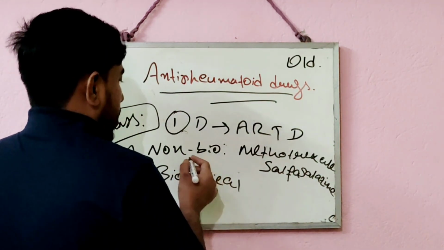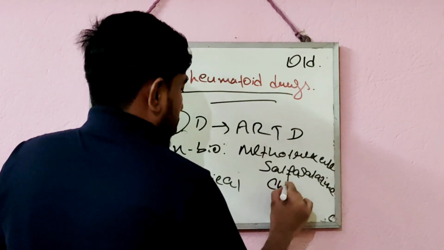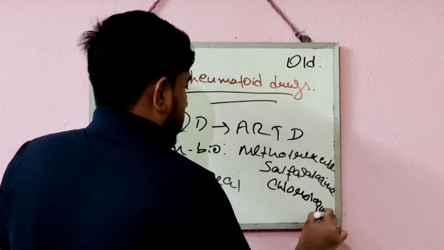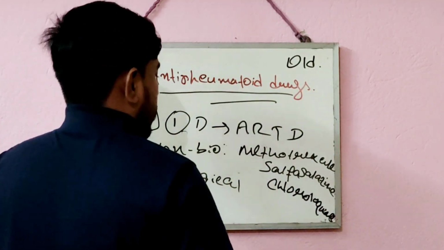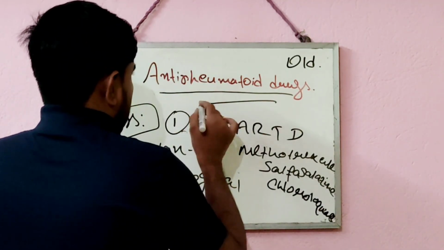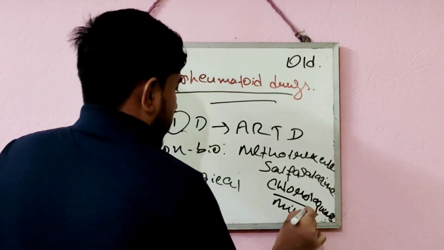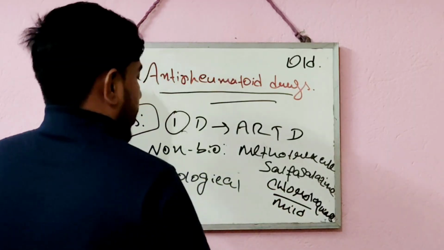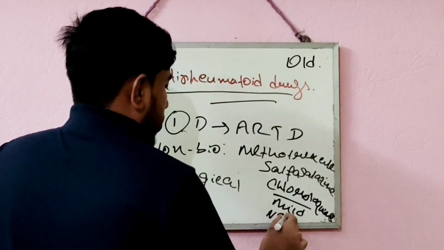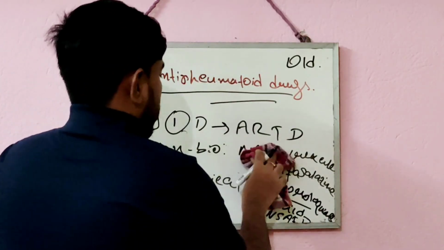The third drug that can also be used as a non-biological anti-rheumatoid drug is chloroquine or hydroxychloroquine, which you have already studied or heard about in your 11-12 classes, as chloroquine is used to treat malaria. Chloroquine can also be used as an anti-rheumatoid drug, as a mild NSAID, because it has mild anti-inflammatory properties, but in most cases it is used to treat malaria.